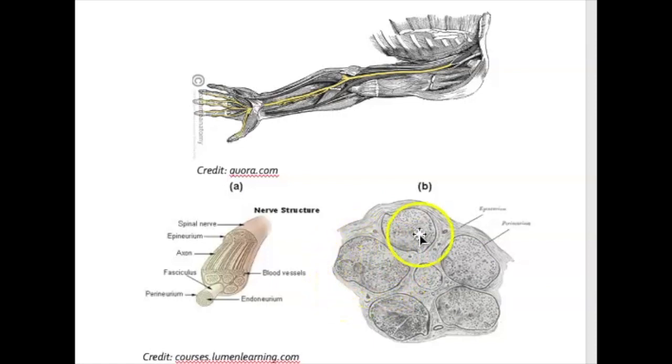So these are groupings of individual axons. The fascicles are surrounded by a layer of connective tissue called the perineurium. Each individual axon, remember, also is surrounded by a layer called the endoneurium. And then the entirety of the nerve is surrounded by a connective tissue layer called the epineurium.